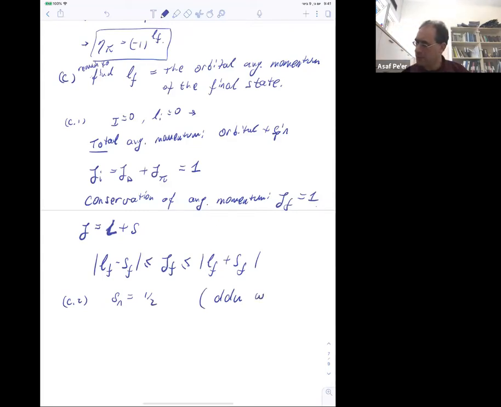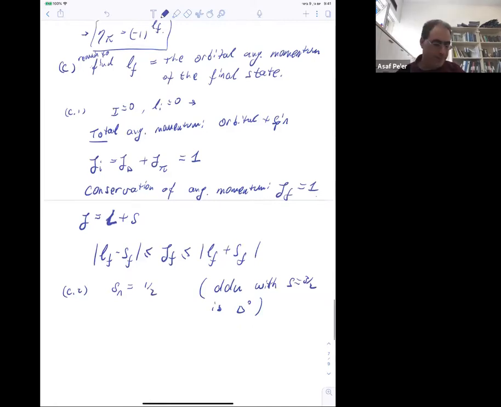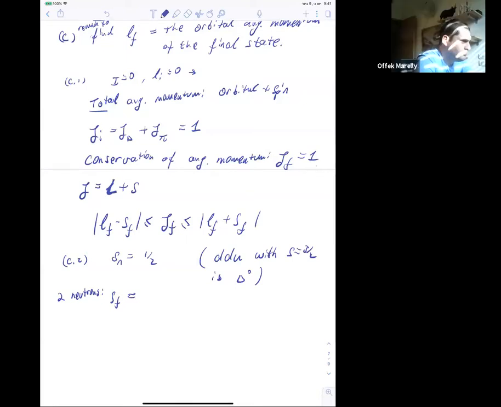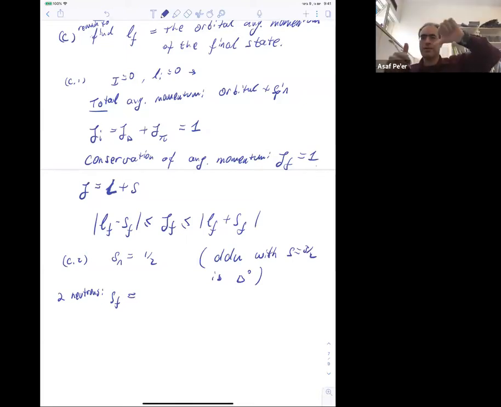So ddu with S equal 3/2 is delta. So the 2 neutrons, what's the total spin? Well, it can be either 0 or 1, right? We're not sure at the moment which they are.